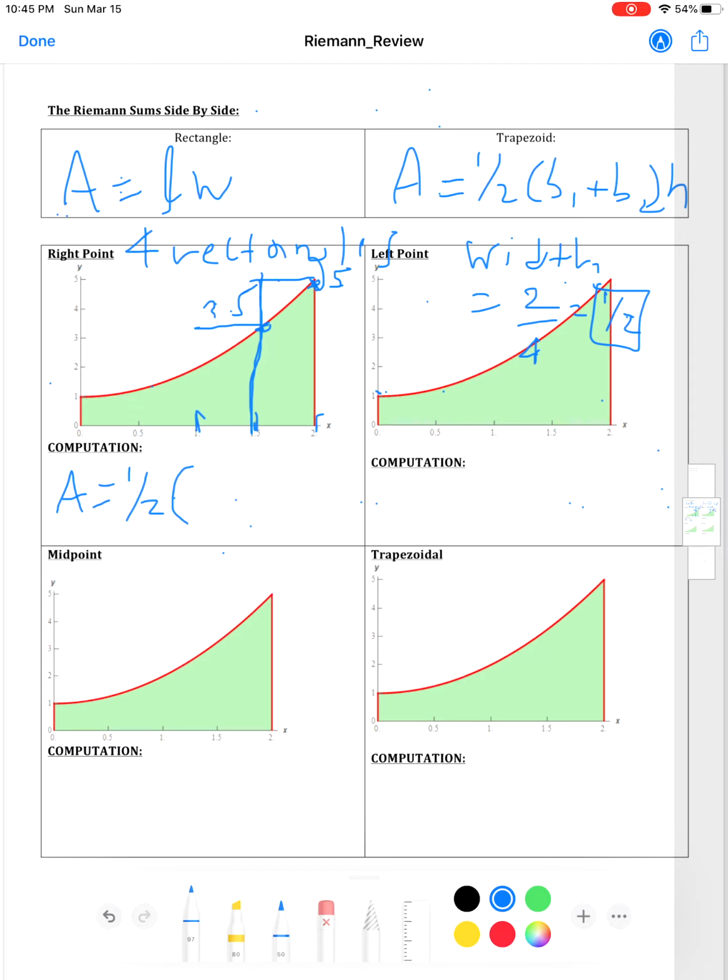This one's maybe about 3.5 or so. Then between 0.5 and 1, we choose that y value, which is 2. And then 0.5's y value is the last one that we choose, and that's about 1.25 or so.